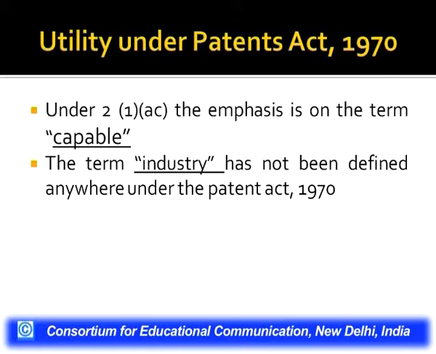Because we have to check or assess capability of the work in an industry. So if we do not know the meaning of industry, we are in a dilemma to know what kind of an industry the Patents Act is envisaging through the usage of the word industry.